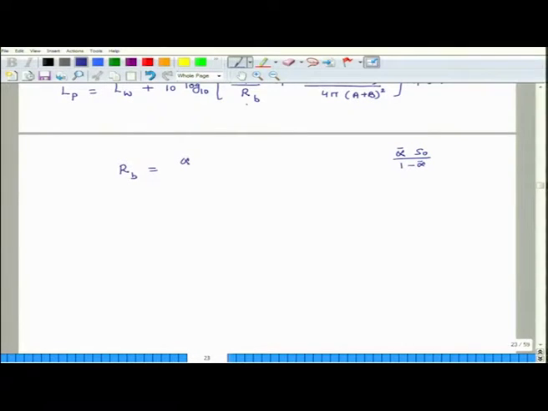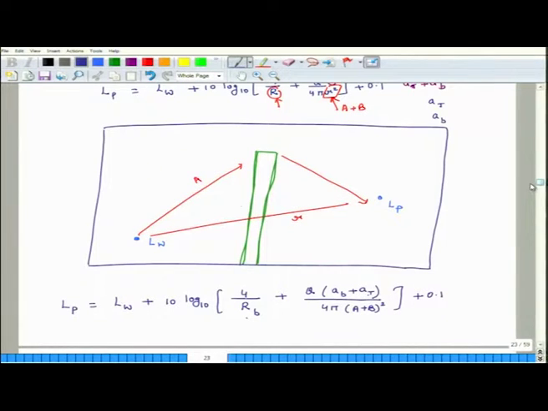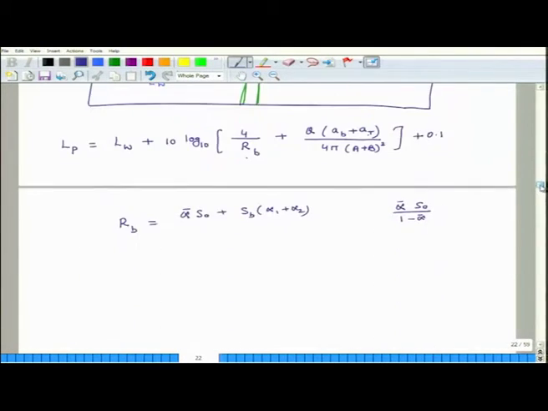So, it is now alpha bar S naught plus I have some more surface. So, let us say the surface of barrier is SB times alpha 1 plus alpha 2, and what are alpha 1 and alpha 2? Let us say alpha 1 is the absorption coefficient on this surface and alpha 2 is absorption coefficient on the second surface, because there are two surfaces which are going to absorb sound. So, this is the total area times their absorption coefficients, and in the numerator also I introduce these things.